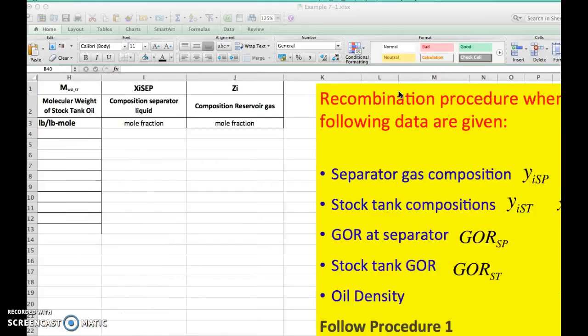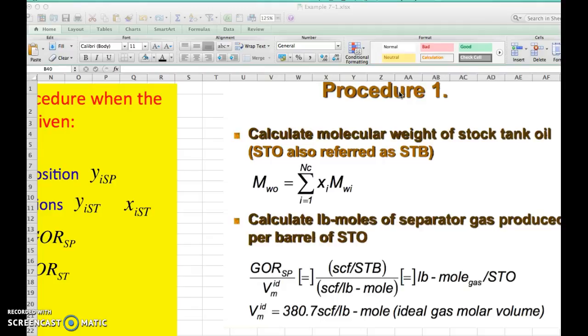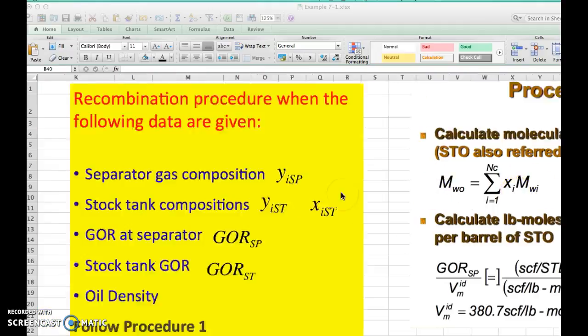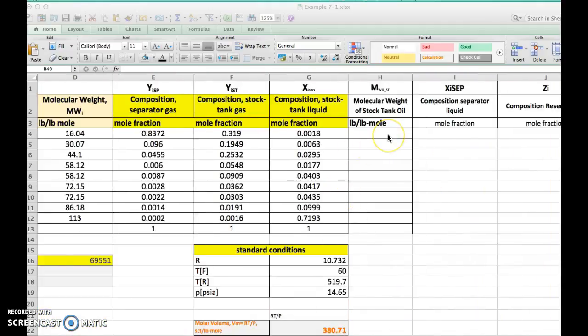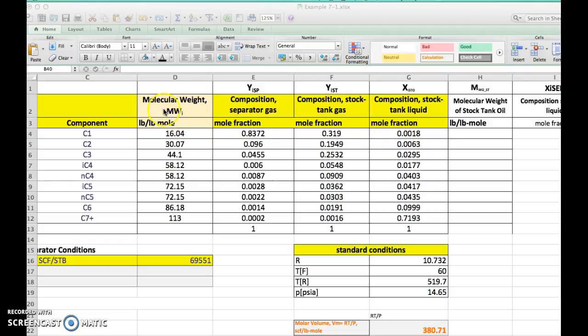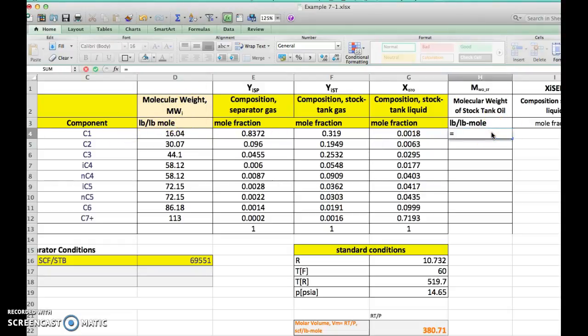To start, we have to calculate the molecular weight of stock tank oil, which is very simple using these mixing rules. I already have the molecular weight of each component, and since we have the composition of liquid at the stock tank, it should be really easy.